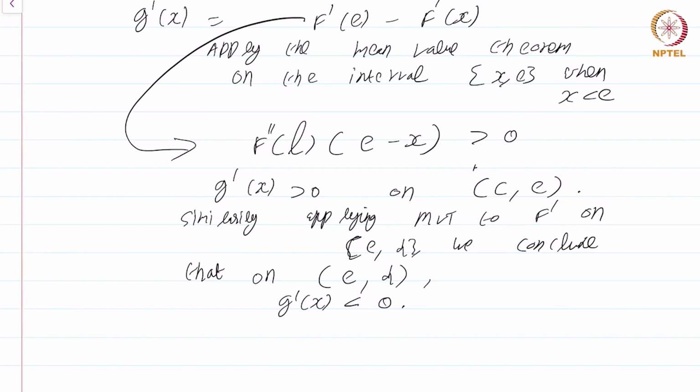So what we have done is we have applied the mean value theorem for a point x that lies between c and e to the function f prime, and concluded that g prime of x has to be greater than 0 on (c, e). Similarly, we apply the argument to any point x coming from the open interval (e, d), and we get g prime of x is strictly less than 0.